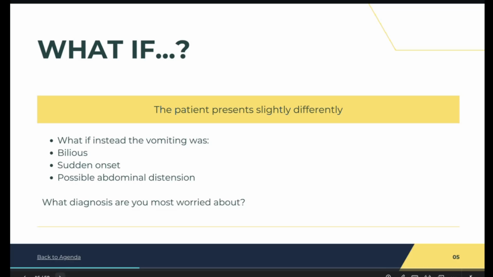So what if the patient presents slightly differently? If the vomit was bilious and sudden onset, and also with some abdominal distension, then what other diagnosis would you be thinking about?